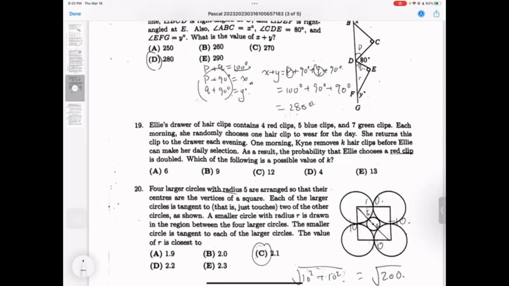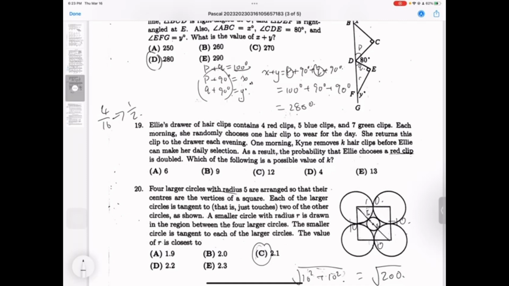Okay, so question 19. We know that the original probability for Ellie to choose a red clip from all of those clips is 4 out of 16, and once it gets doubled, it becomes 1/2. Then we need to find the possible value of k.